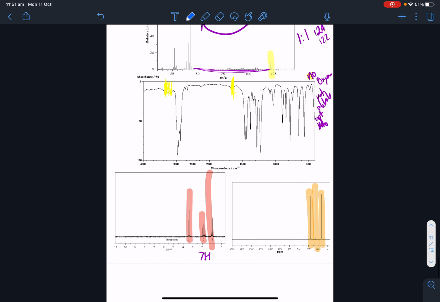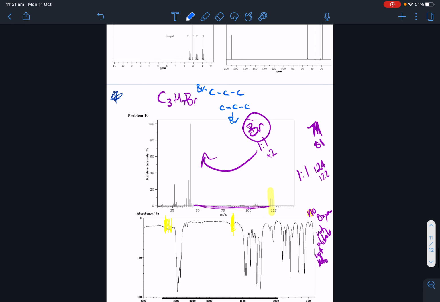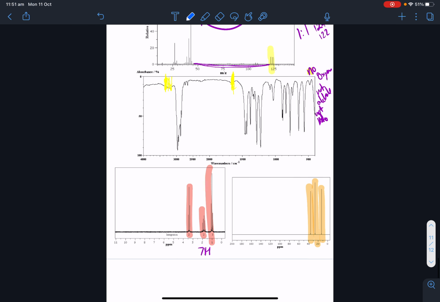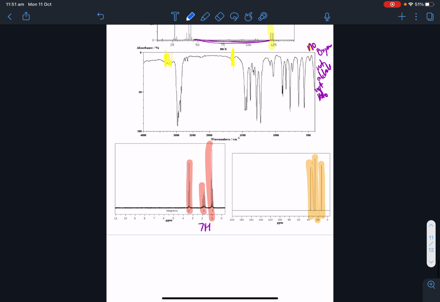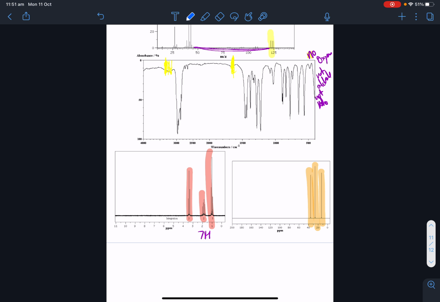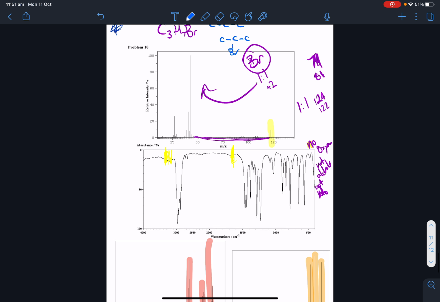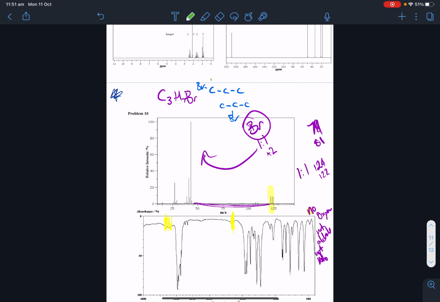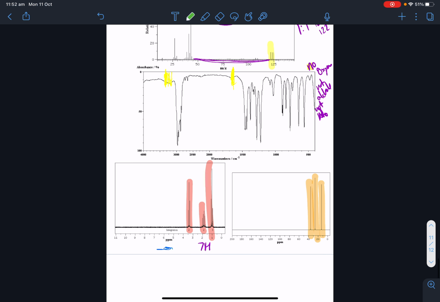Now what we're going to have to check out there is the splitting in the proton NMR. Let's draw our hydrogens in there. 2, 2, 3.